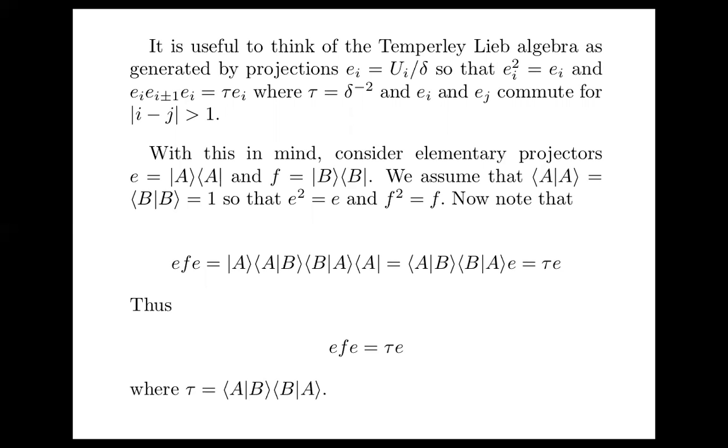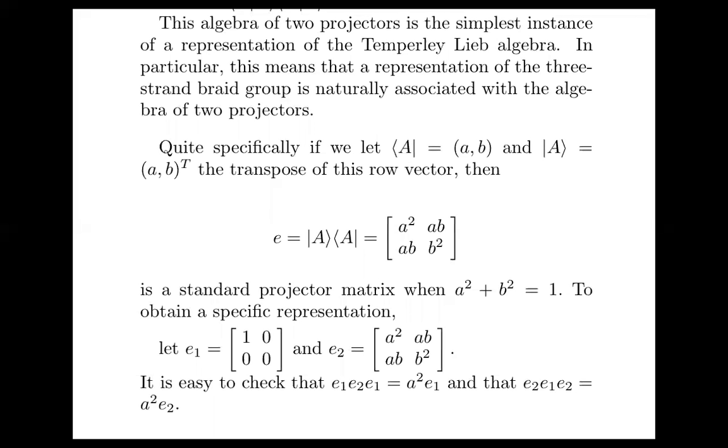And you can check that FEF has exactly the same coefficient. So this really is an instance of Temperley-Lieb. And in this case, we don't have anything but a U_1 and a U_2. We're in the three-strand case with these 2x2 matrices. We have a U_1, we have a U_2. We aren't worrying about any higher U's.